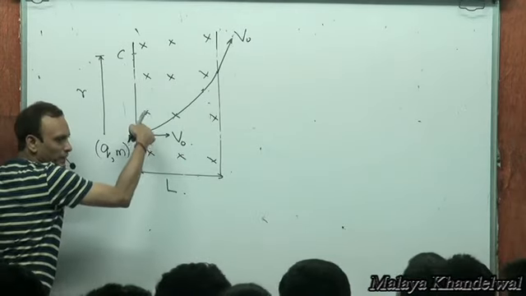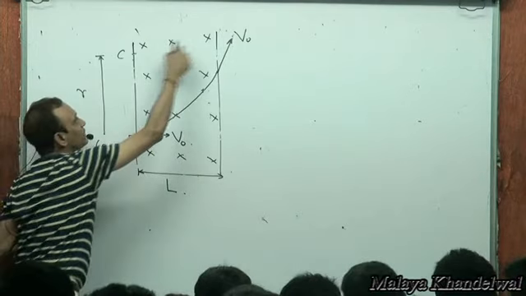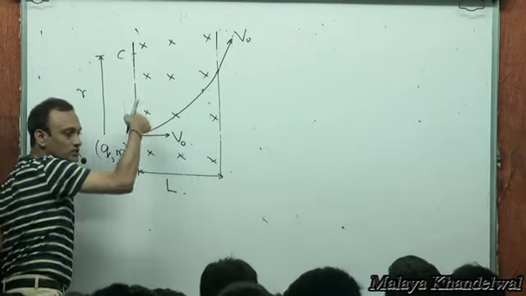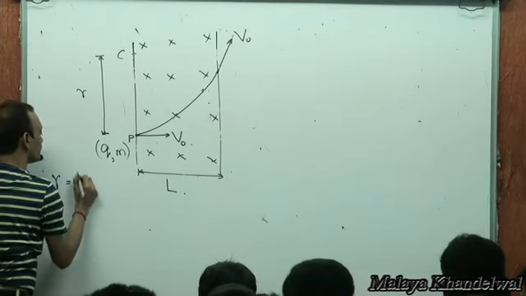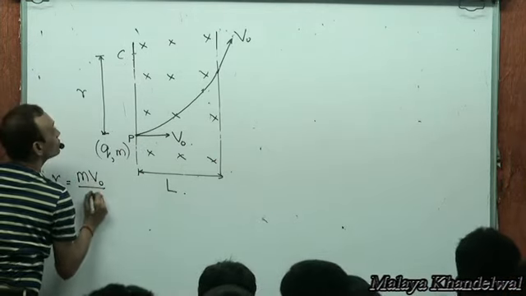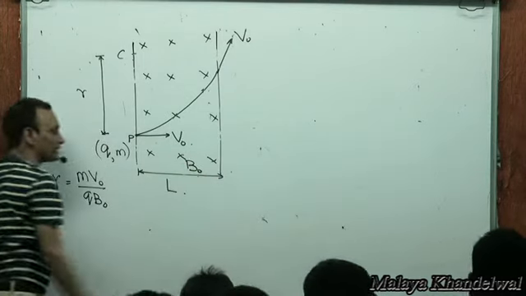V naught and B naught are perpendicular to each other. So the trajectory would be circular, where the plane of the circle would be intercepted by the B lines normally, right? So the radius of the circle would be m v naught by Q B naught. Say B naught is the uniform magnetic field in this region.